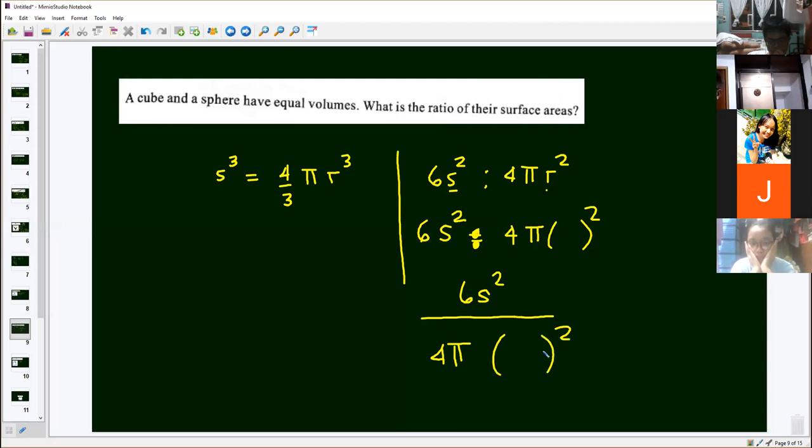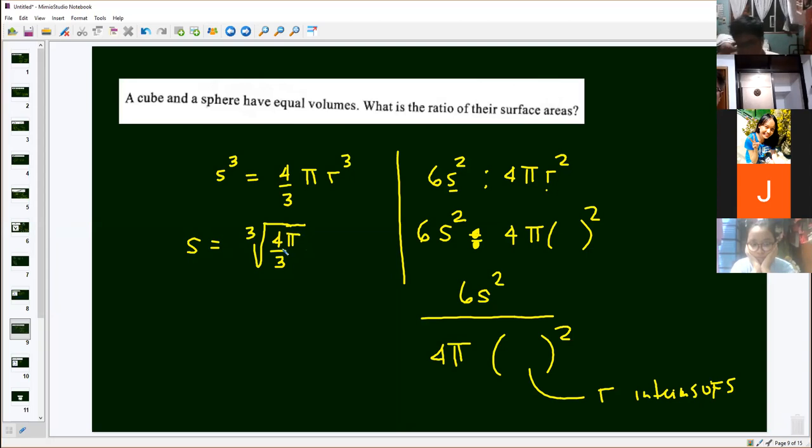Okay? Now, we will put R in terms of S here. Siyempre, kukunin natin yan dito lang. So, we get the cube root. S is the cube root of 4 thirds, then pi. Then, R is S over cube root of 4 pi over 3.